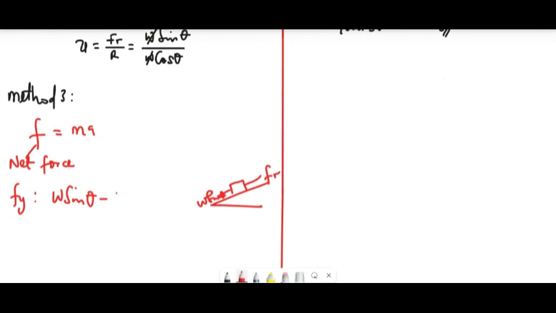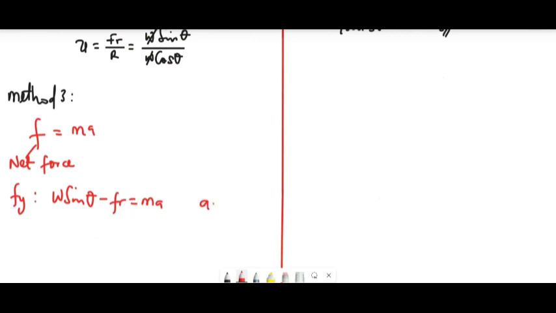So you have minus Fr, everything equal to ma. Now, we are subtracting because they are opposite in direction. Does that make sense? One is trying to pull the block down, and the friction is acting opposite. All right.